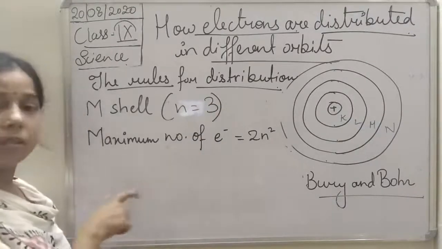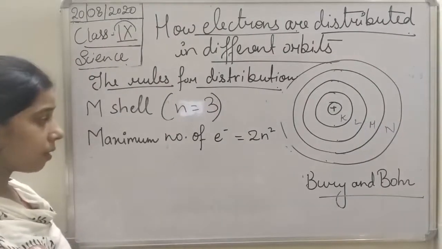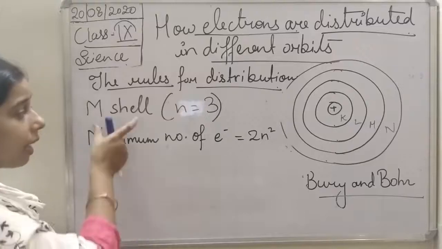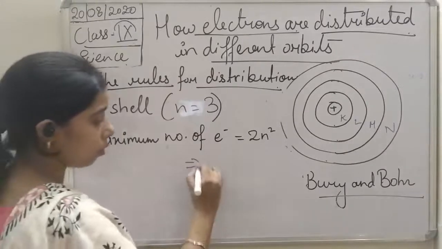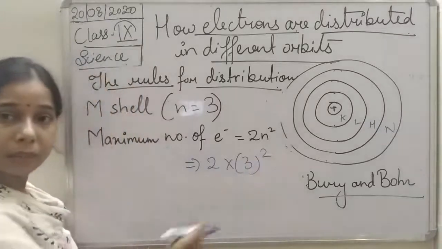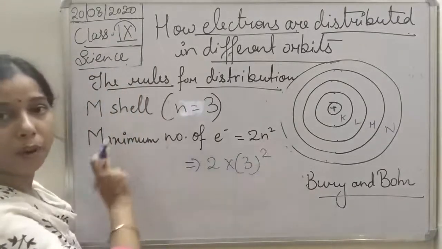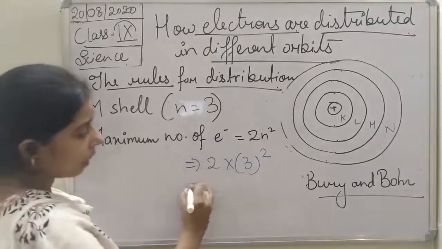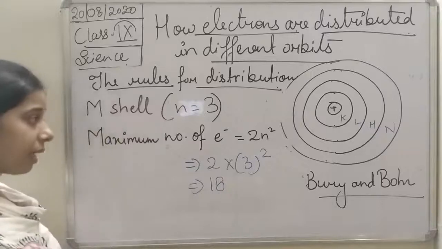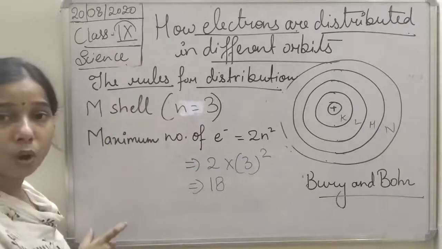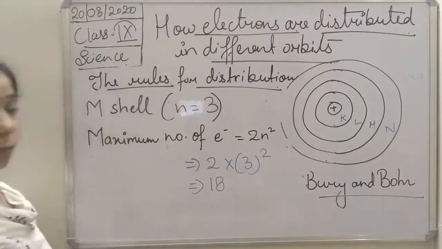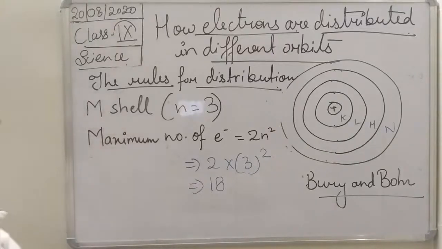Because this is the third orbit, the maximum number of electrons possessed by the M shell will be equal to 2 into 3 whole square, where n is the number of the orbit. So that will be equal to 18. So we can say that the M shell can accommodate 18 electrons. More than that it cannot accommodate.